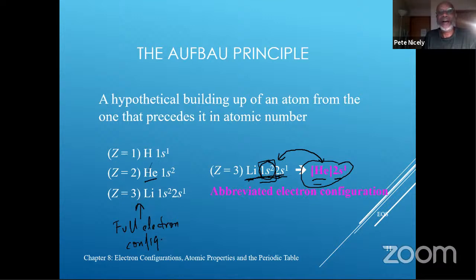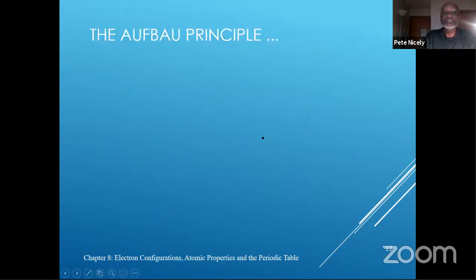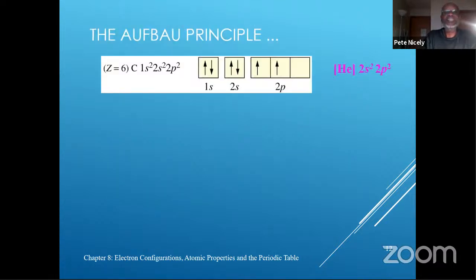And we take that part which looks like helium and replace it with the symbol for helium in square parentheses. Now, in this case, it doesn't make a difference really in terms of the length of the symbols used, but it can make a difference when it comes to larger atoms, such as in the case of carbon, for example.